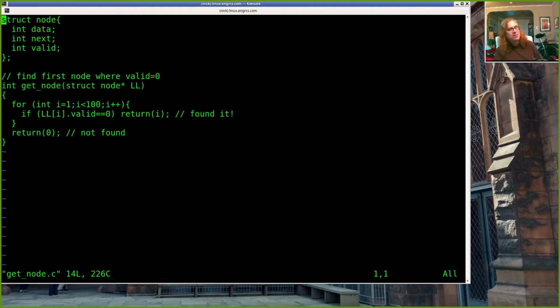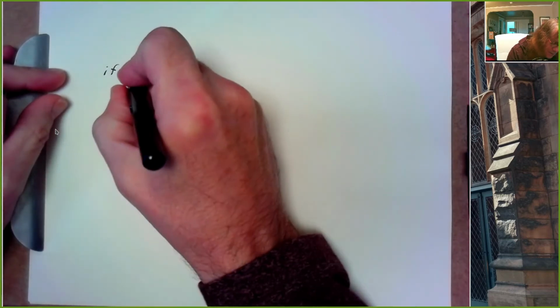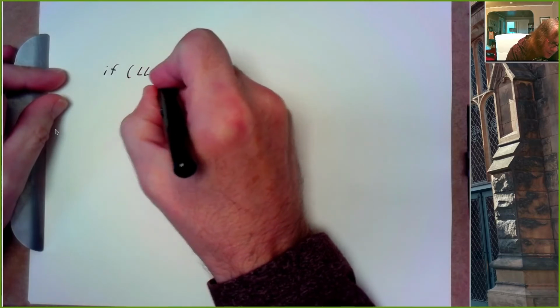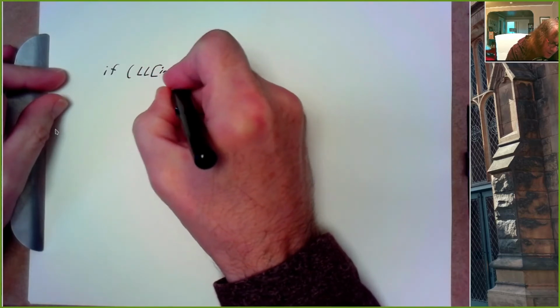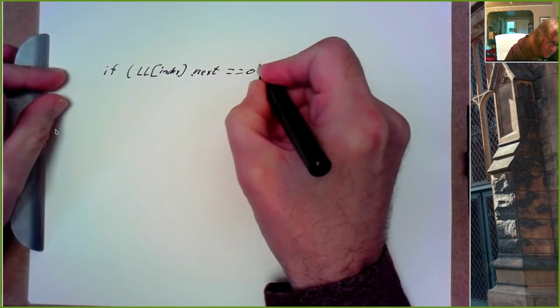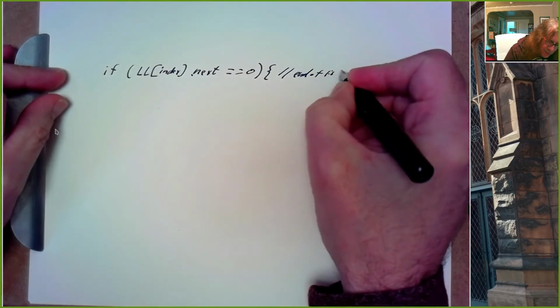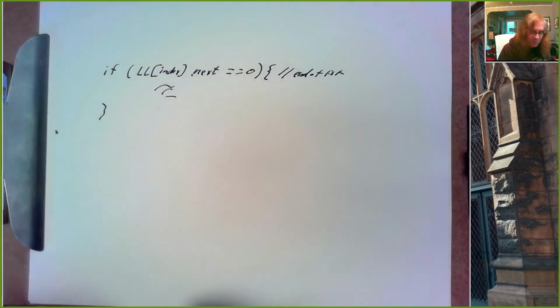So MYNULL is simply a symbol, right? You're going to write code like this: if ll[index].next equals 0, that's the end of the list, and you do some stuff, right?